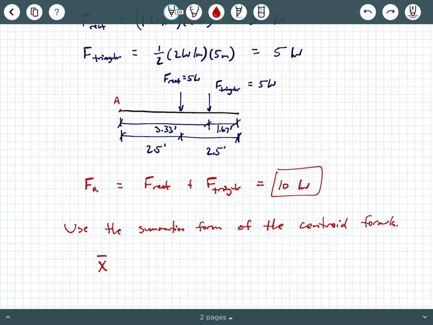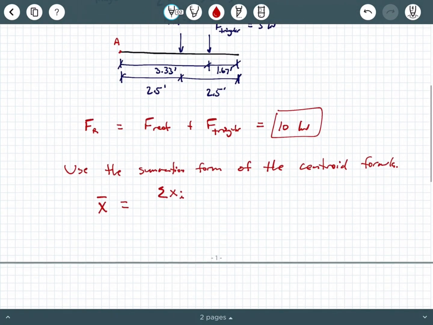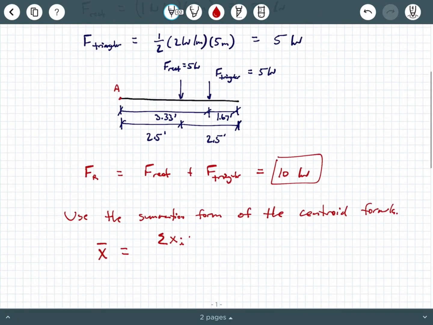So the summation form is going to be x bar equals the summation of x sub i times f sub i as i goes from 1 to n, divided by the summation of f sub i as i goes from 1 to n, where n equals the number of forces.